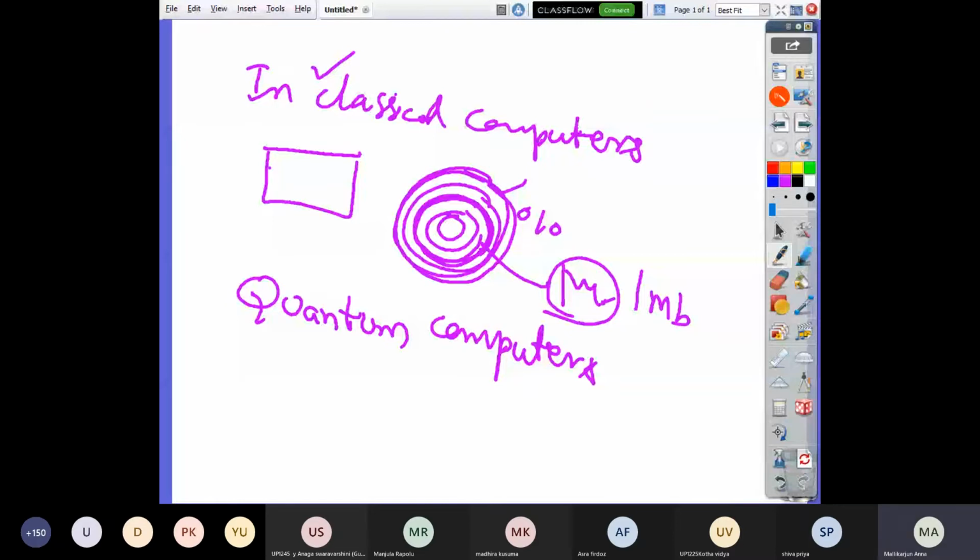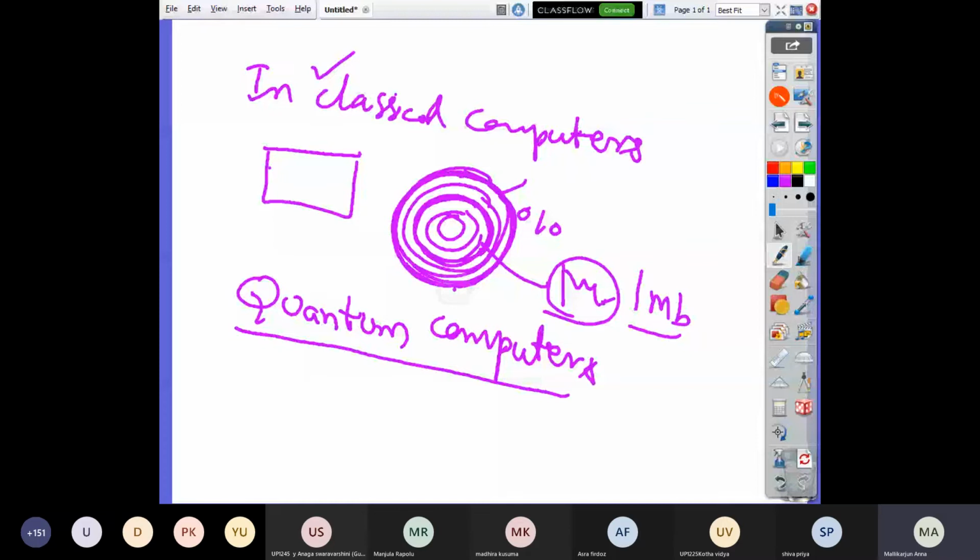But in the case of quantum computers, what is happening here? How many atoms did I say in the classical computer hard disk or DVD disk? Some millions of atoms are storing only 1 MB of data.